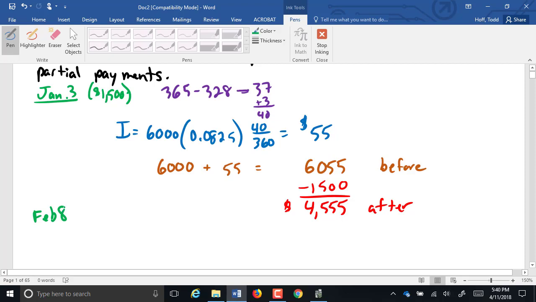On February 8th, what happens? $2,000 payment. So let's take a peek at what our time is. How do we find the number of days that we're going to use there?